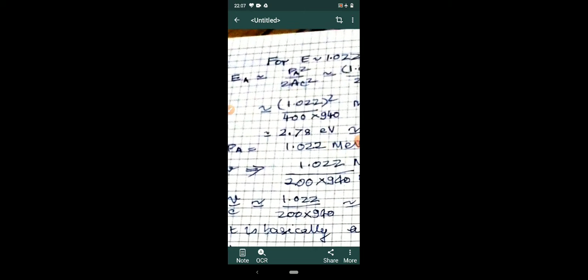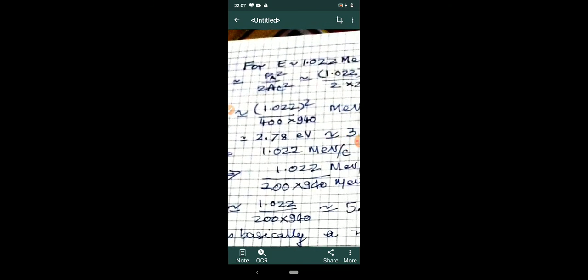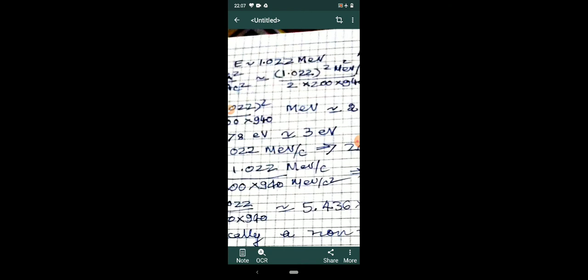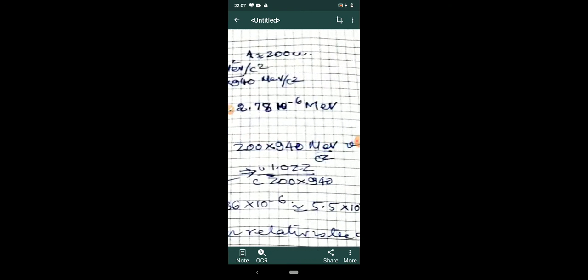Now you know that the momentum is 1.022 MeV/c, and the mass is 200 u, so 200 multiplied by 940 MeV/c², and the velocity is v.